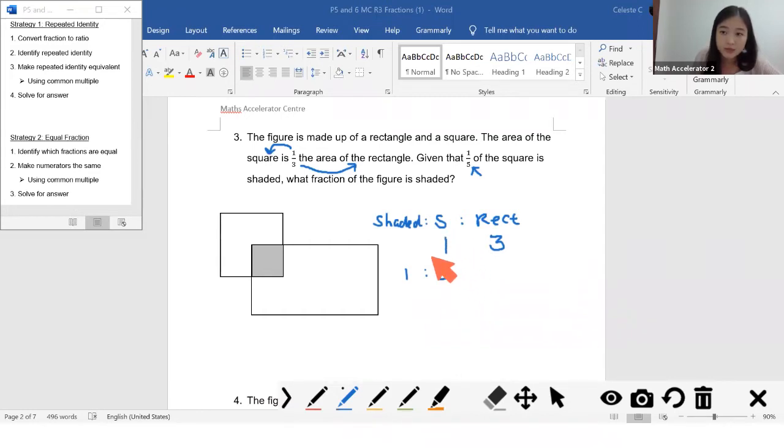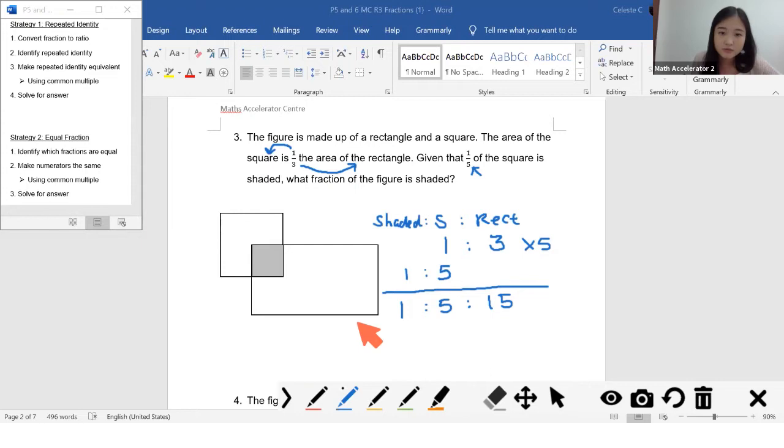But it's just 1 here, so it's pretty simple. All you have to do is times 5 here, to make this square, 1 unit into 5. So 1 is to 5 is to 15.